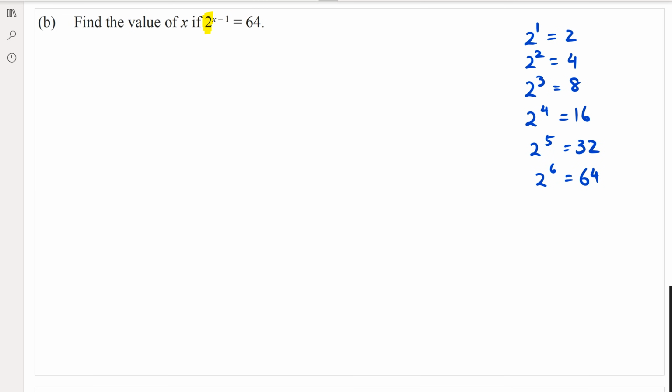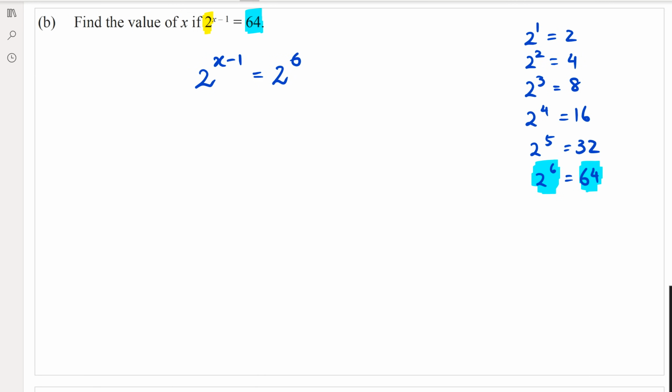I think this is what I'm looking for here: 2 to the power of 6 is equal to 64. I'm going to replace the 64 and rewrite it with the base of 2. So this whole equation now looks like this: 2 to the power of x minus 1 equals, and instead of 64, I'm going to put down 2 to the power of 6.